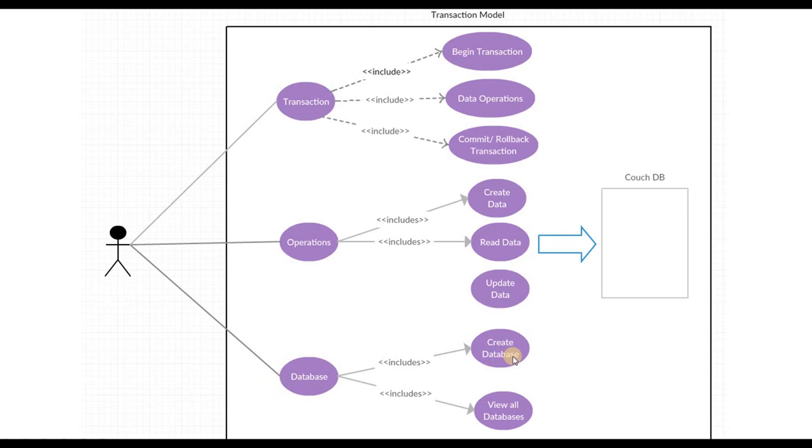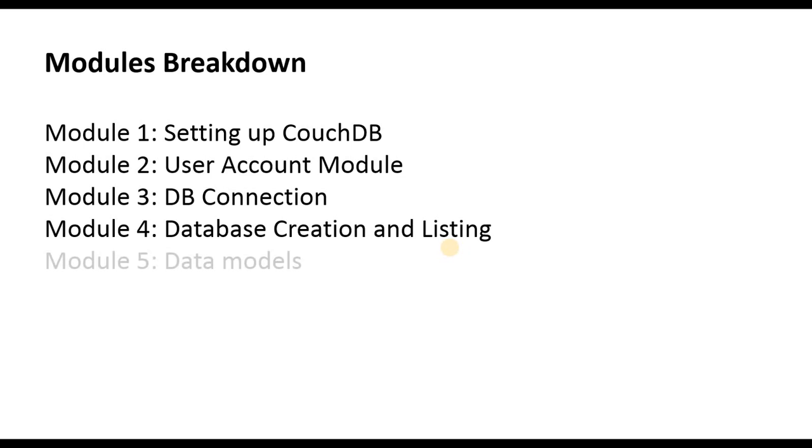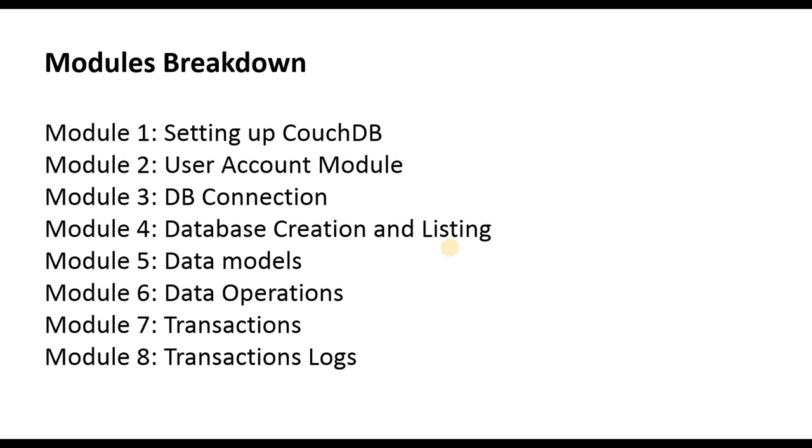And with respect to database, you can either create a new database or view the list of all the databases created by you. So that's how the use case diagram will look. And module breakdown doesn't have any significance at all, because you can decide how many modules you want, and it's up to you.